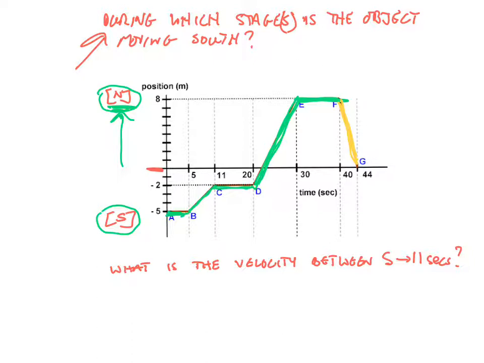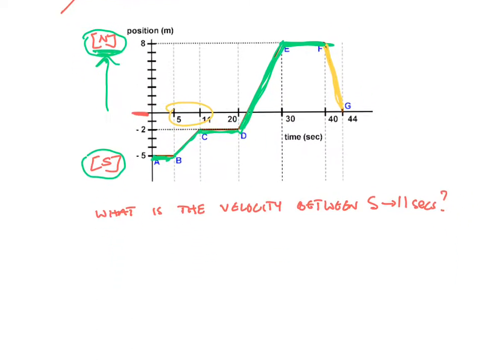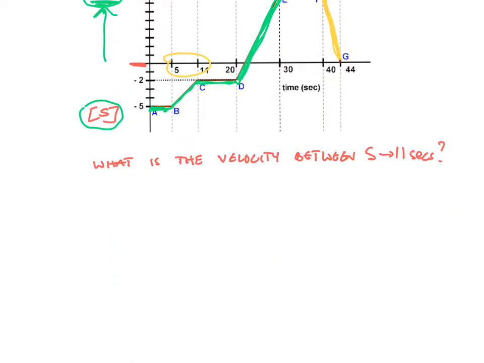Another question that might be asked is, what is the velocity between 5 and 11 seconds? So between here, 5 and 11 seconds. Similar scenario to last time. If we want to calculate that, we take y2 minus y1 and put that over x2 minus x1. So let's just do that as an example. y2 minus y1, in this case, would be negative 2 minus negative 5, all over the seconds, which would be 11 minus 5 seconds.